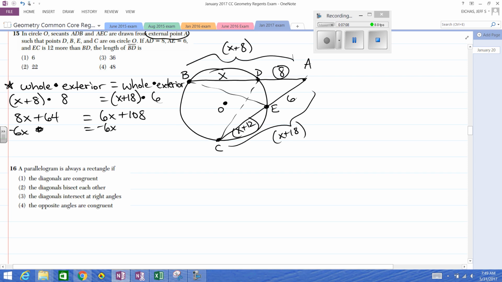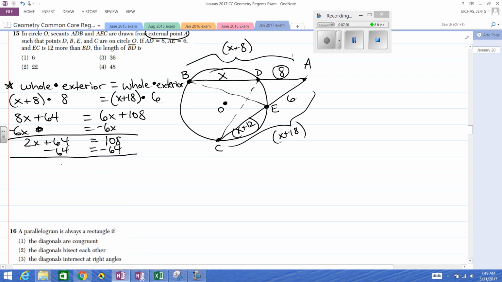and subtract 64. All right, so we've got 2x, and that's equal to 42. X is 21. Let's make sure my math is right on this.